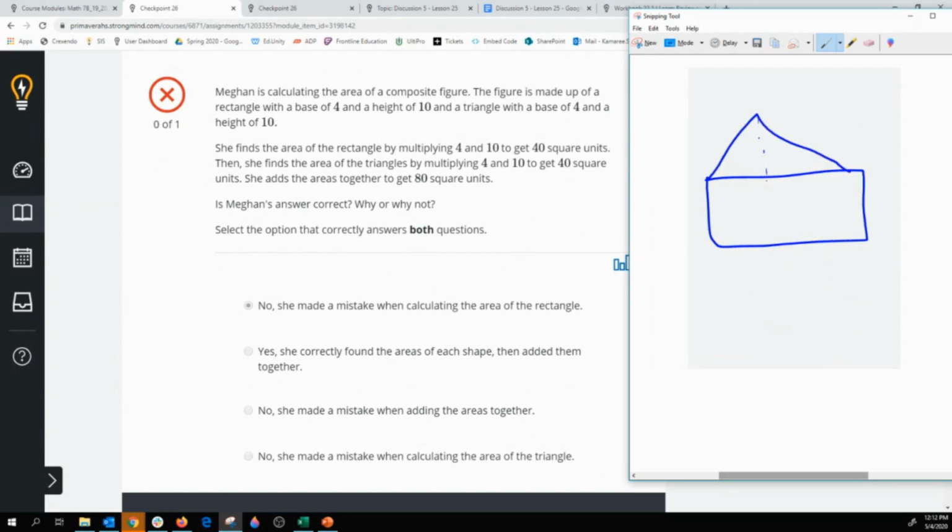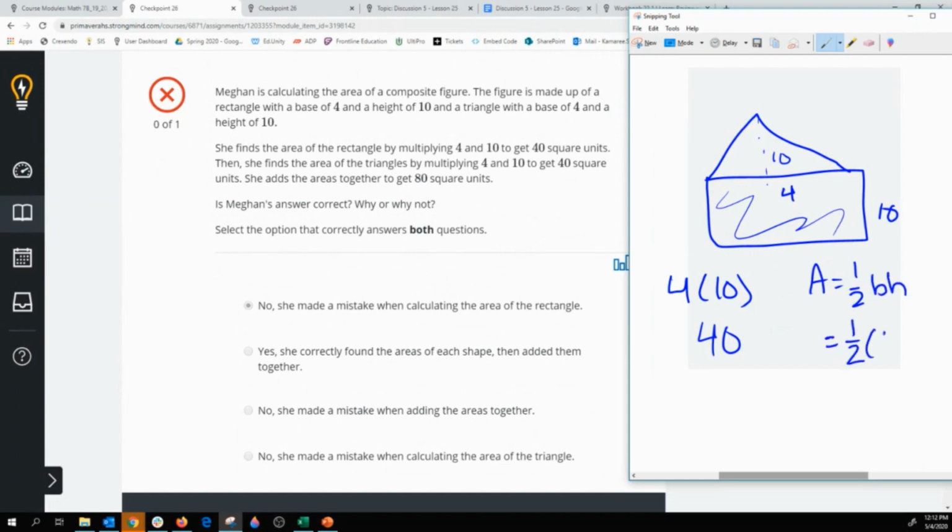The height of the triangle is 10. We have 4 and 10 over here. So she multiplied 4 times 10 to get the area of her rectangle here, which is 40. That's correct. And then remember that when you're finding the area of your triangle, it's 1/2 base times height. So when we take that 1/2, multiply it by 4 times 10, 4 times 10 is 40, and half of 40 would be 20.